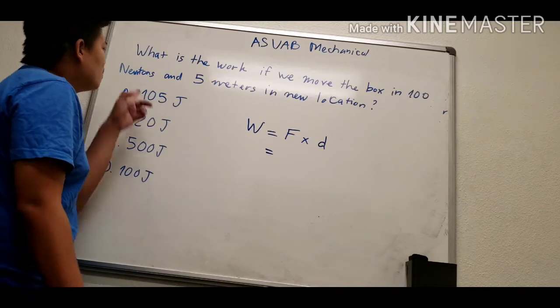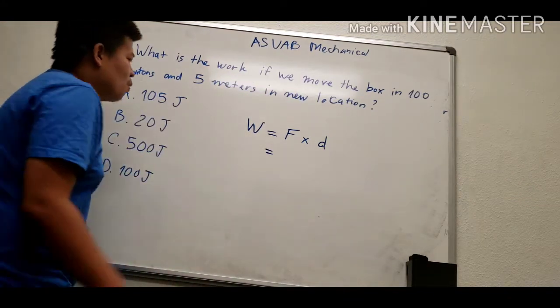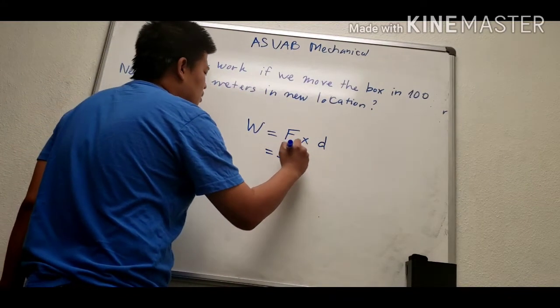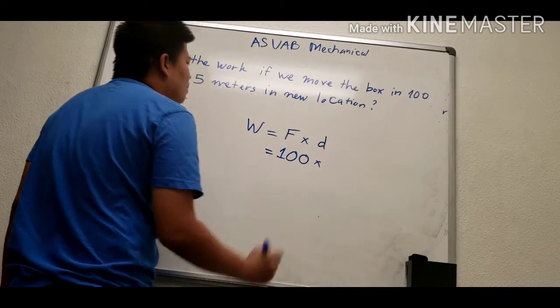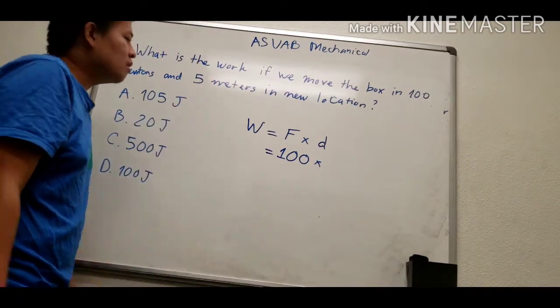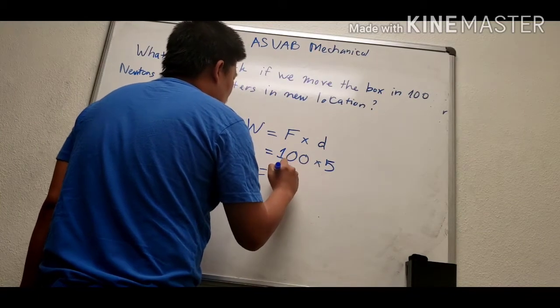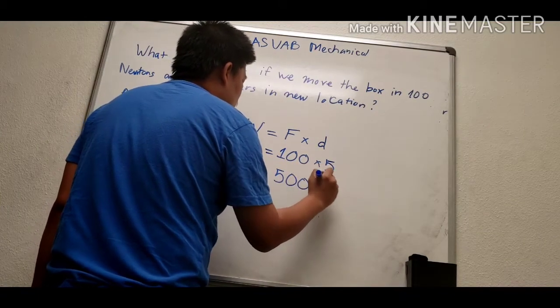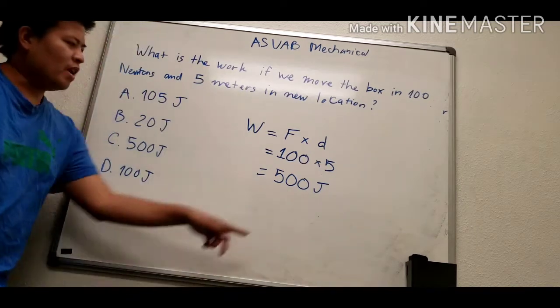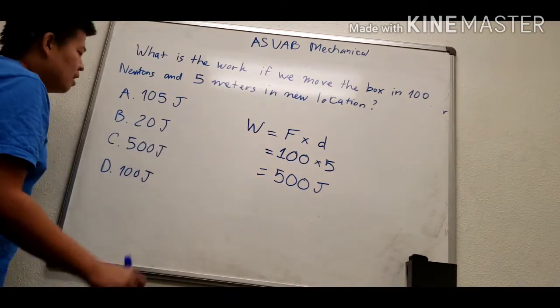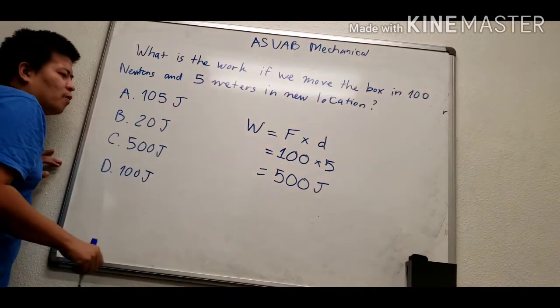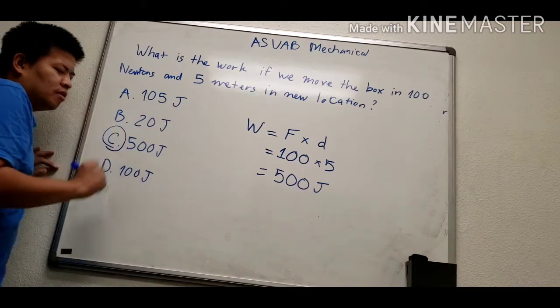So we have the force of 100 Newton multiplied by 5 meters. So we got 500 joules. And the answer for this question is C.